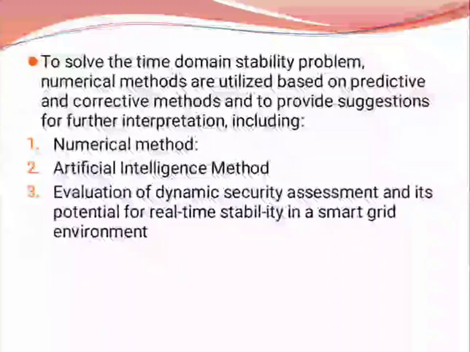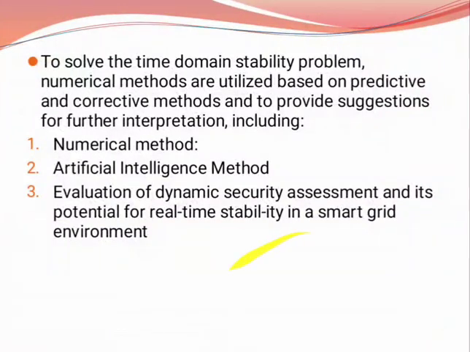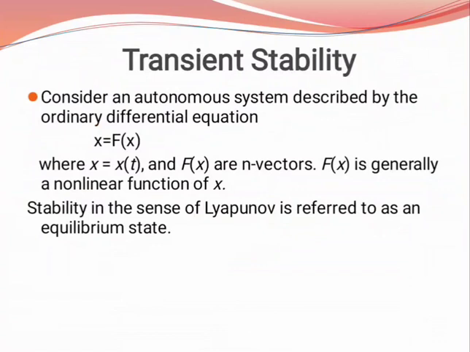The third one is the evaluation of dynamic security assessment and its potential for real-time stability in a smart grid environment. Now let us study what you mean by transient stability. Consider an autonomous system described by the ordinary differential equation x dot equals f of x, where x equals x of t and f of x are n-dimensional vectors. f of x is generally a nonlinear function of x.